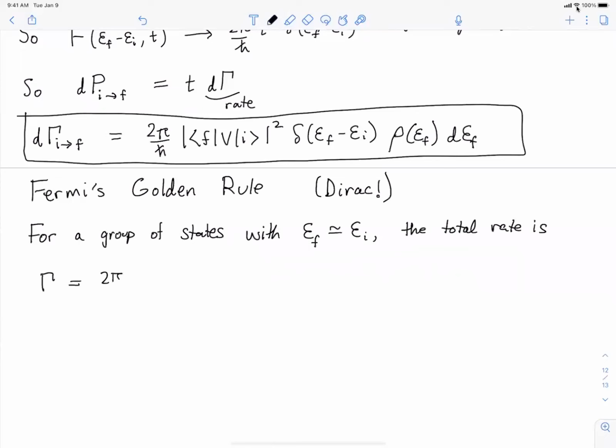It's going to be 2 pi over h bar, matrix element squared. And then when we integrate over the final state energy, we're going to get our density of states, but we're only going to get that for the final energy equal to the initial energy. That's what the delta function is telling us.